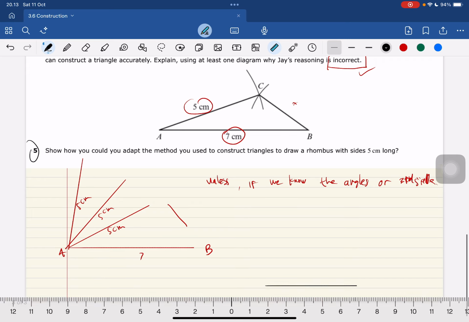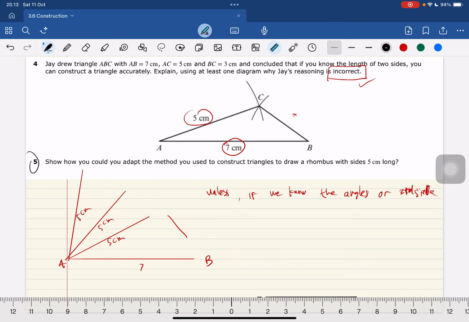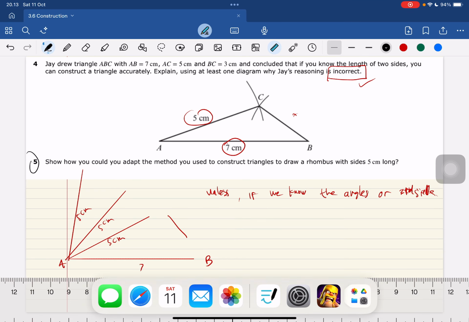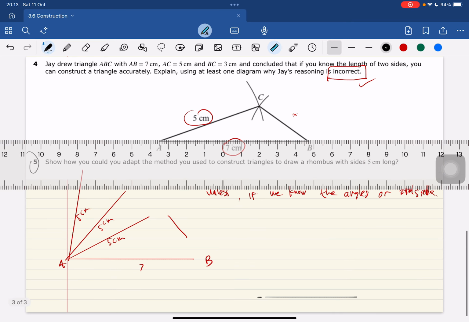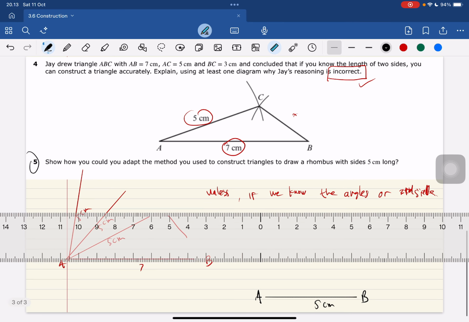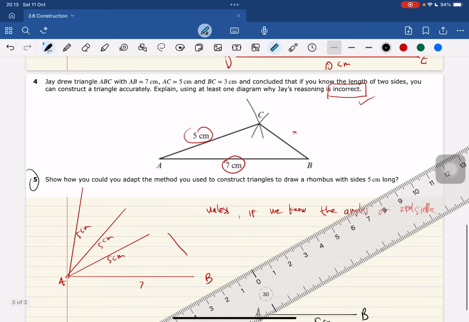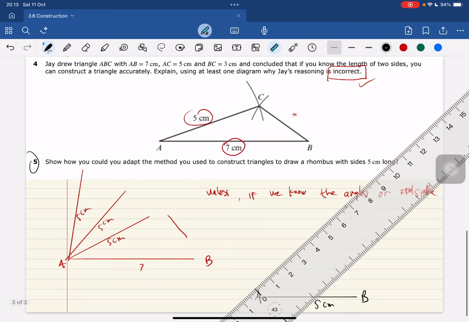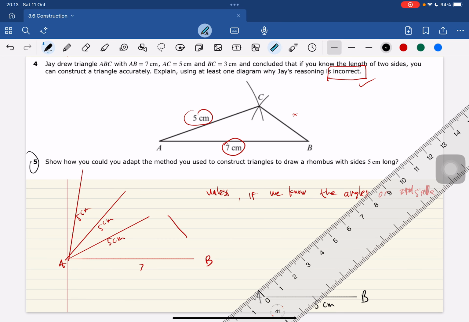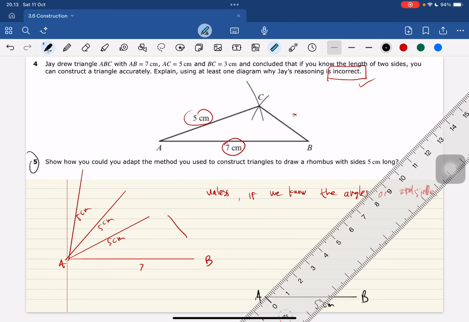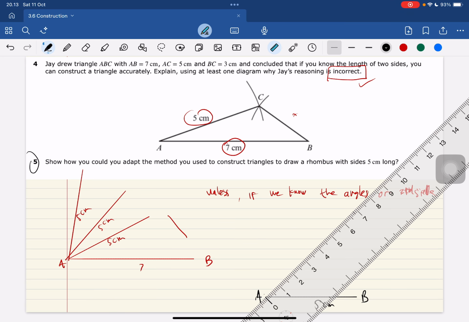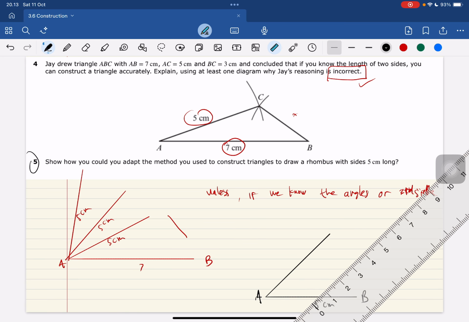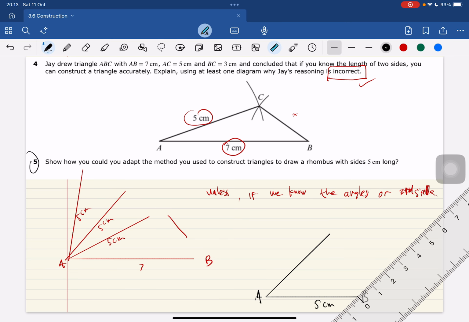Let's say this is A and B of 5 centimeter. First we make an arc, let's find the angle of 45. I think it will be fine. 45 here, 5 centimeter. Here also 45, 5 centimeter.